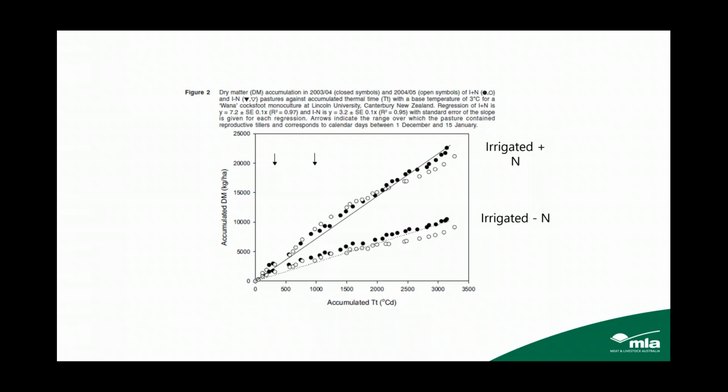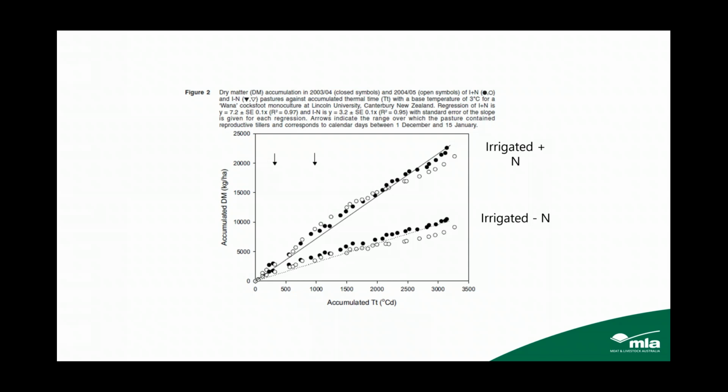In fact, the slope of that line is pretty interesting. They used a basal temperature of 3 degrees again. The slope of that line is about 7. So above a base of 3, they're getting a growth rate of 7 kilos per hectare for every degree above 3. That's quite exceptional.